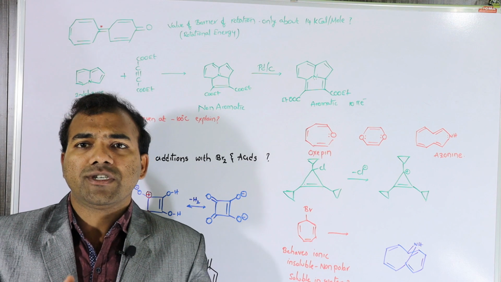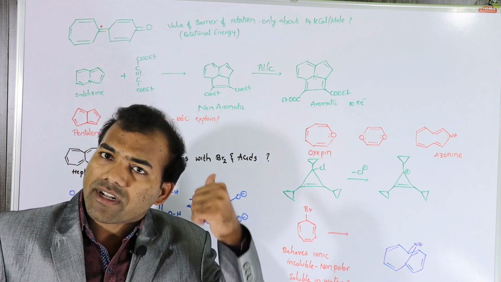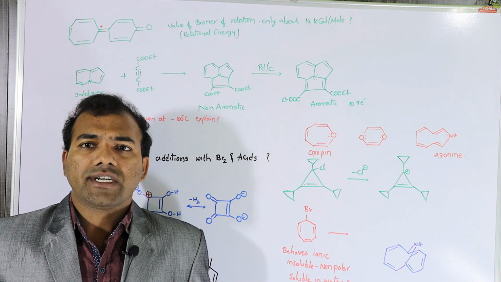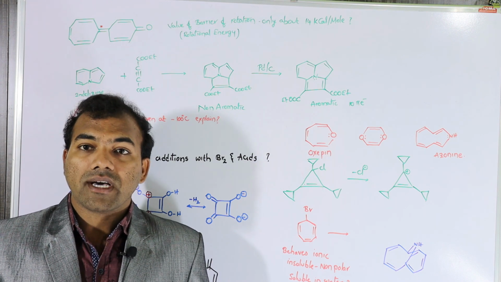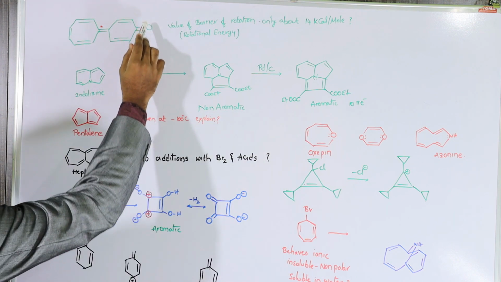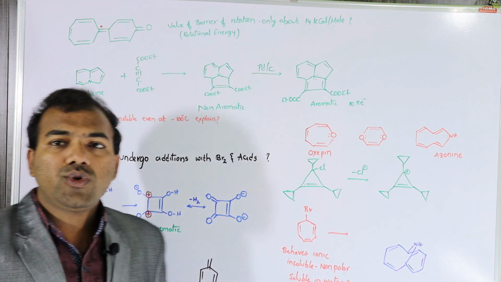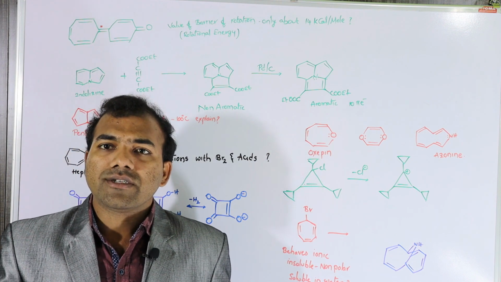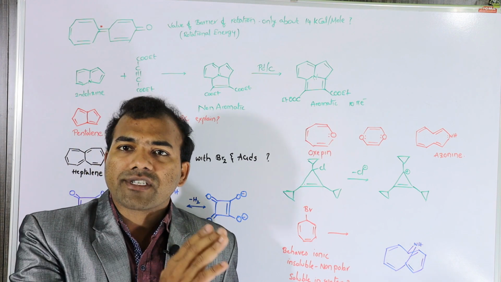So why is this much low energy required for the rotation of the double bond? That is the question asked in a previous exam. So what is the answer? If you see that compound, there is an oxygen atom. Due to the electronegativity of the oxygen atom, the electrons shift towards the oxygen.